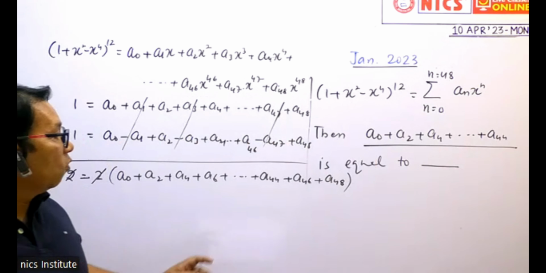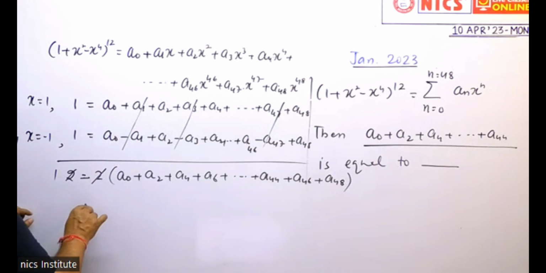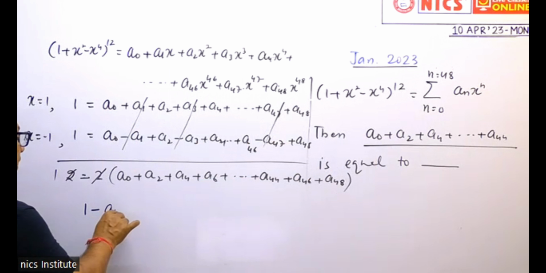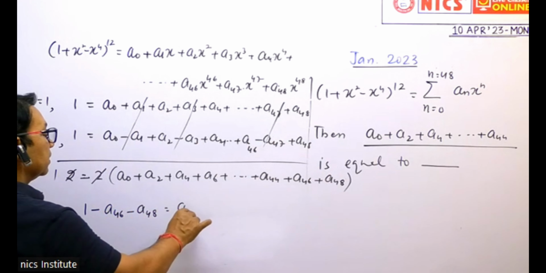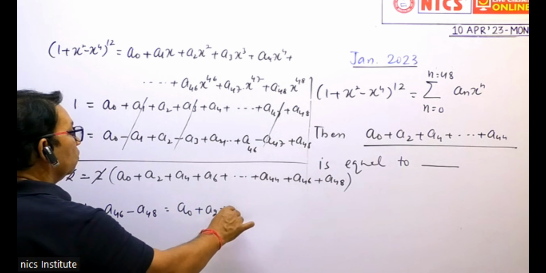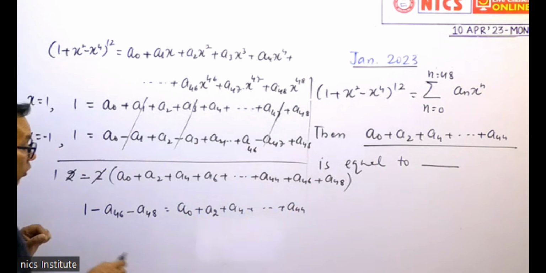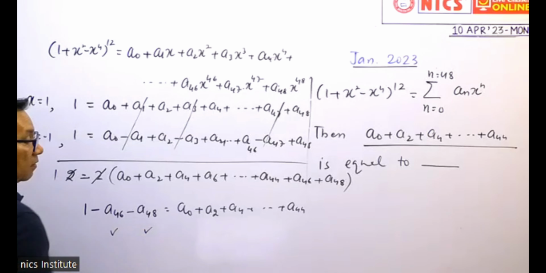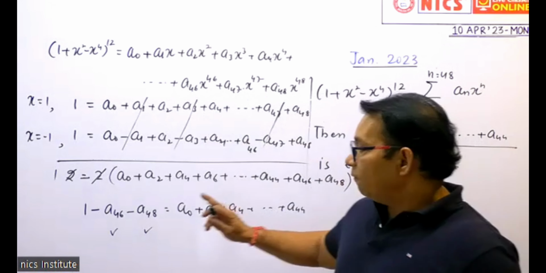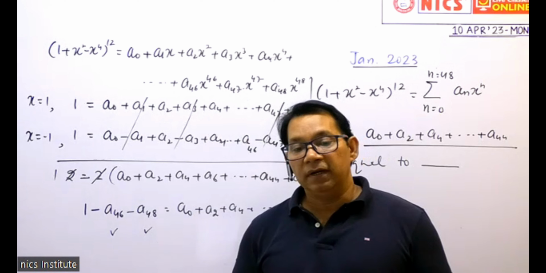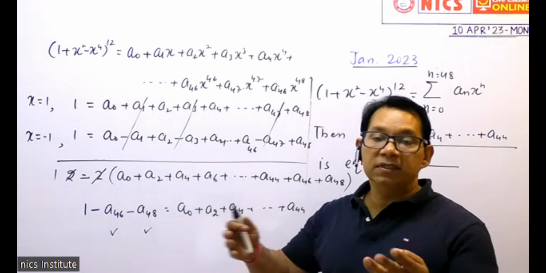The problem is we don't have a₄₆, we don't have a₄₈. That means the required answer would be 1 − a₄₆ − a₄₈ = a₀ + a₂ + a₄ + ... + a₄₄. So you have to somehow find a₄₆ and a₄₈. Once you find them, you substitute over here and you get your answer.